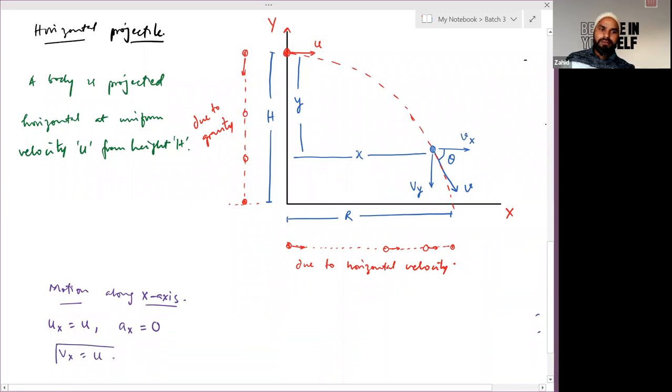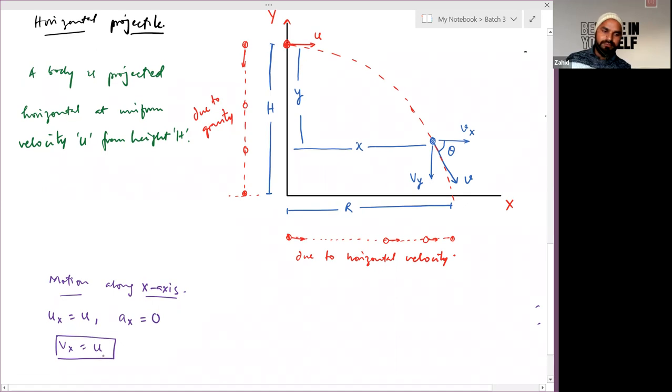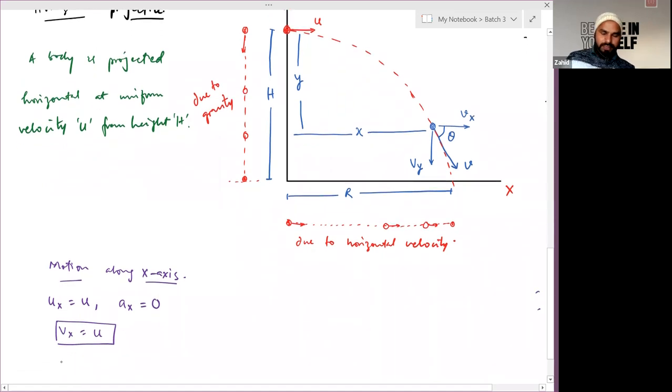So it will be just u as acceleration is 0. Similarly, if you find displacement along x-axis, it will be s is equals to ut plus half at square, as a is 0. So it will be just u into t. Let this equation as 1 and this is equation 2.